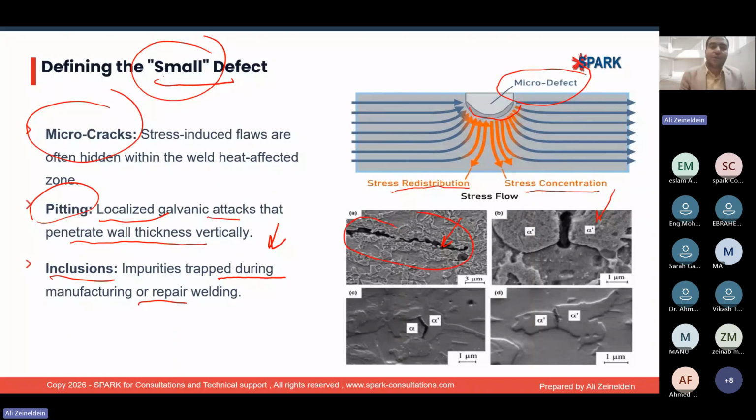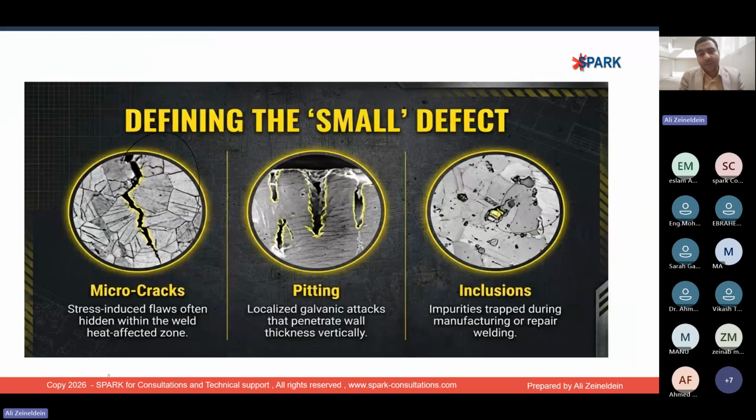So firstly, we should know that a small defect may appear small physically by the naked eye, but actually it has a huge or large depth, and it will affect the equipment over time, by operating, exposing it to operating parameters and operating conditions.